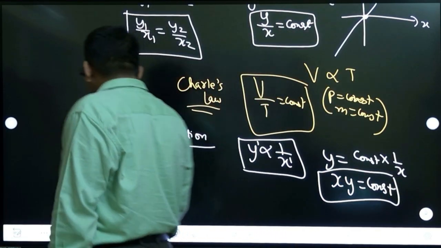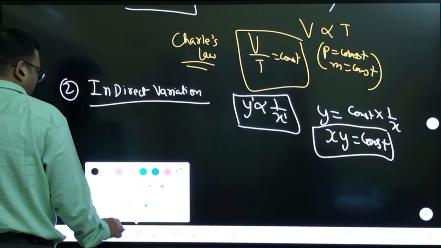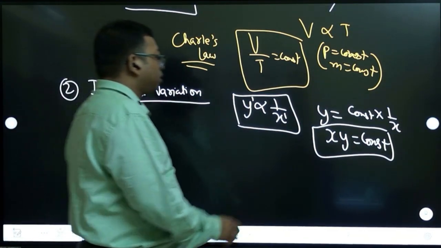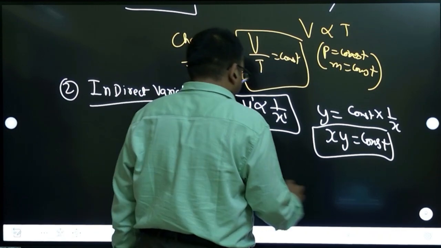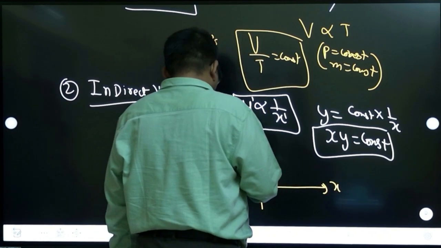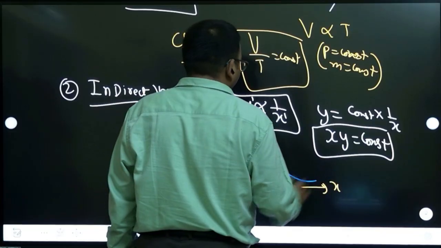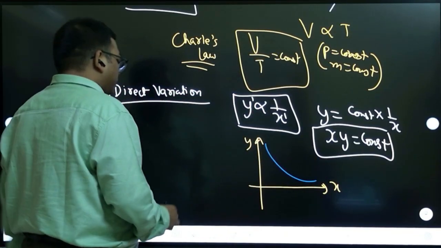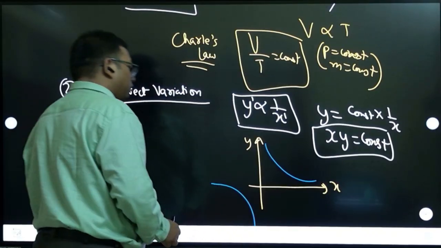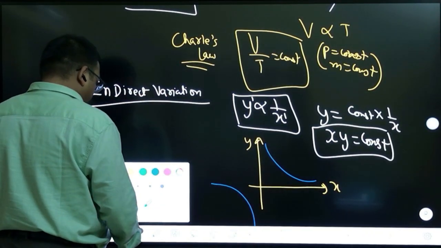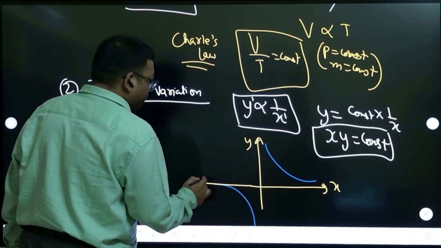So this kind of relationship is also known as rectangular hyperbola. Also note that this xy equal to constant is known as rectangular hyperbola, which we have discussed in coordinate geometry. Either this way or this way it can go. Okay. So these axes are the asymptotes for this.